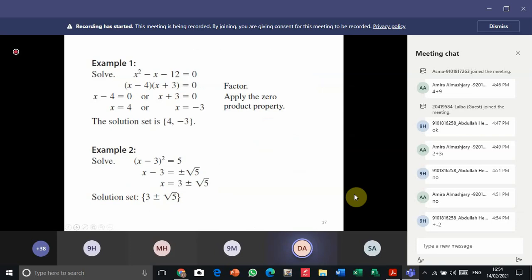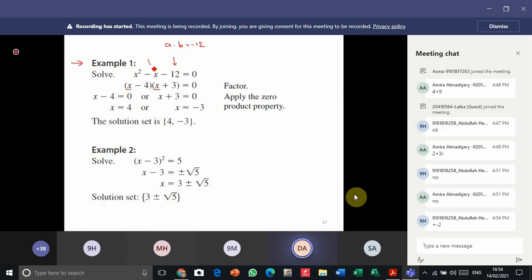We have many examples of quadratic equations. Some examples we can solve by factorization, like this. What's the meaning of factorization? Put two brackets x, x, and we need two numbers a and b whose multiplication equals negative 12.